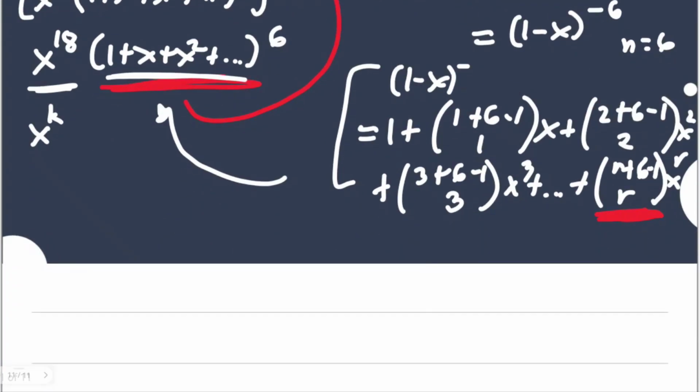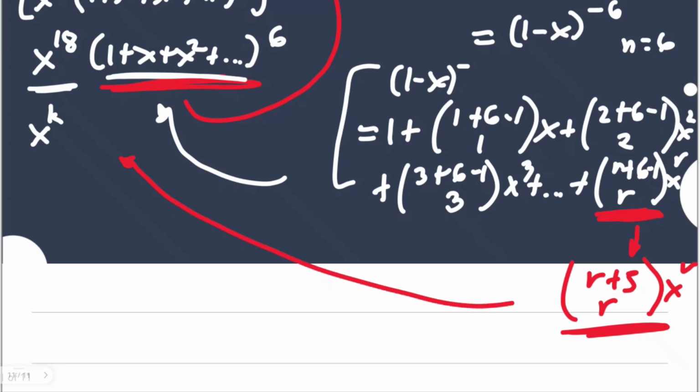This notation alone will be equal to r plus 5 combination r, x to the power of r. We need to use this generalized form to be paired with this x to the power of 18, so that we will be able to see what will be the correct representation for k in terms of r.